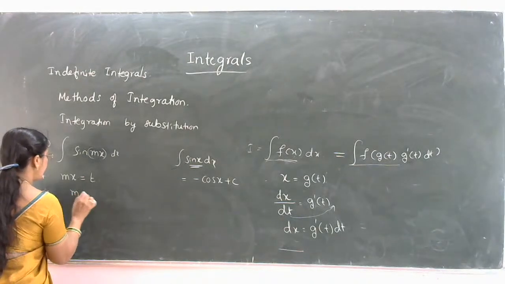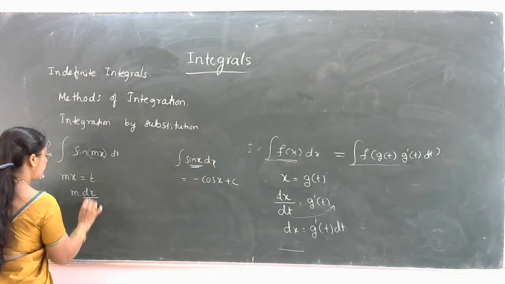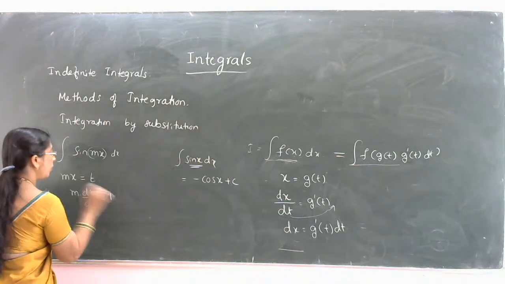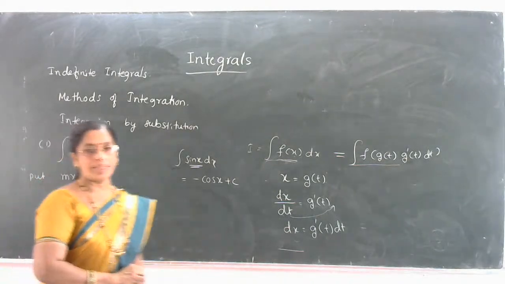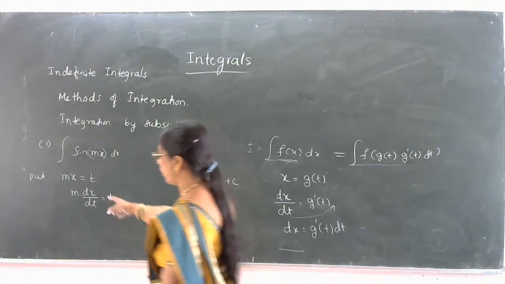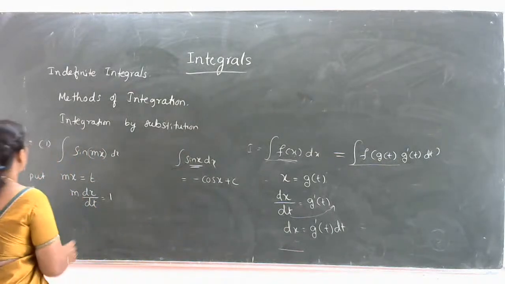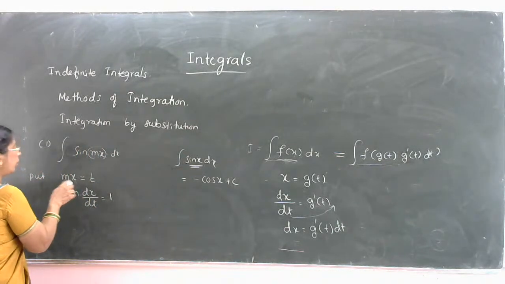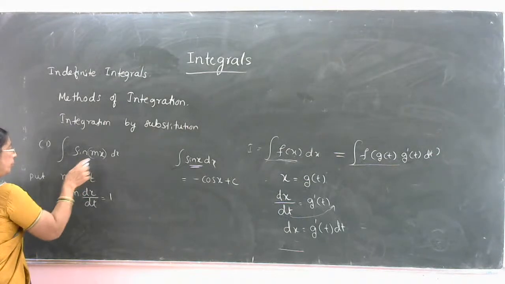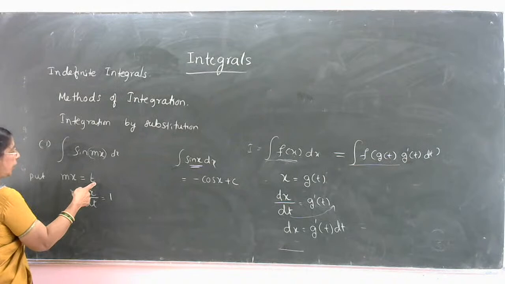Then m into dx by dt, differentiating with respect to t, is equal to 1, because we put the first independent variable x into t.